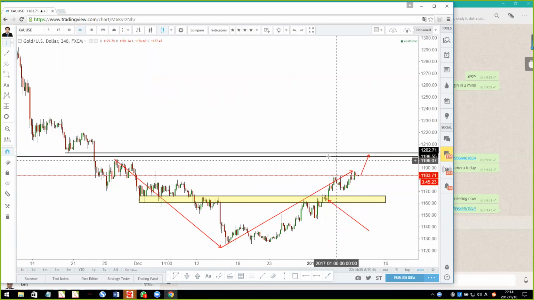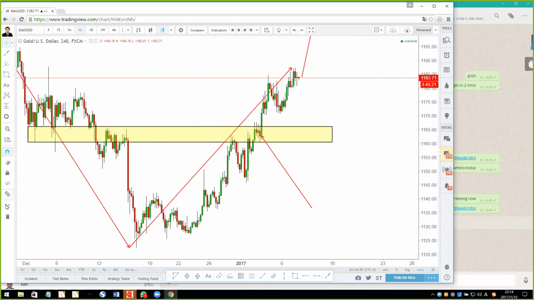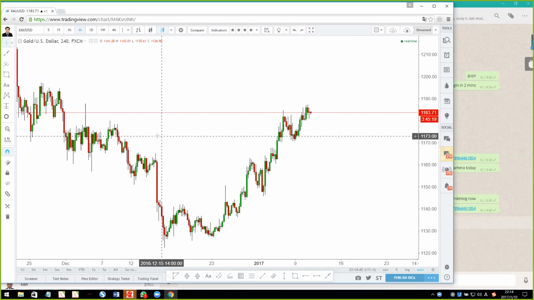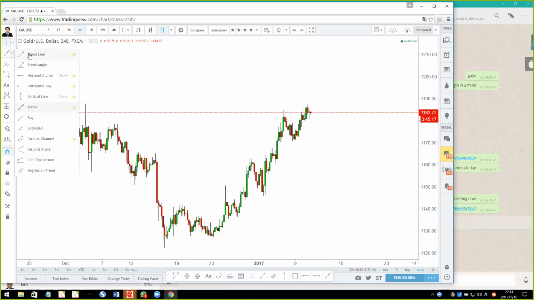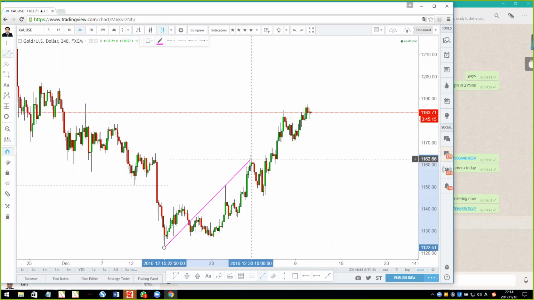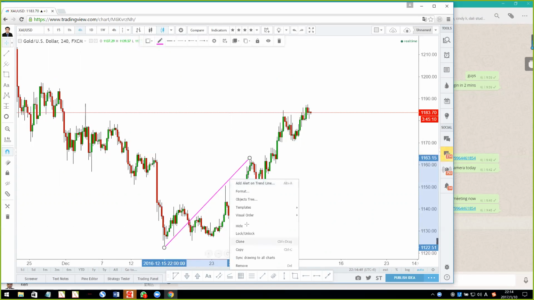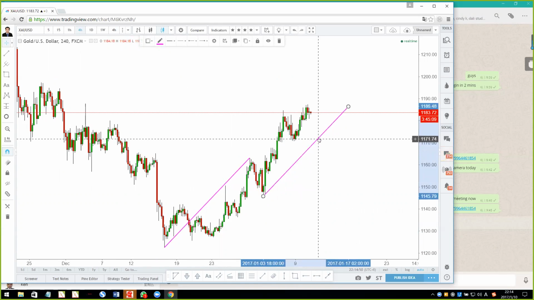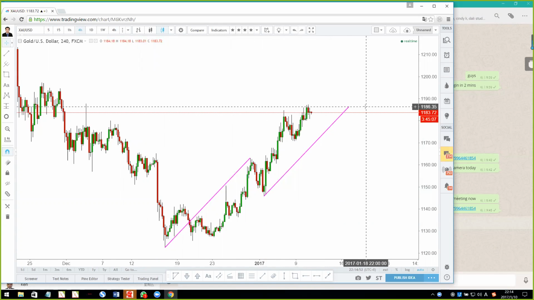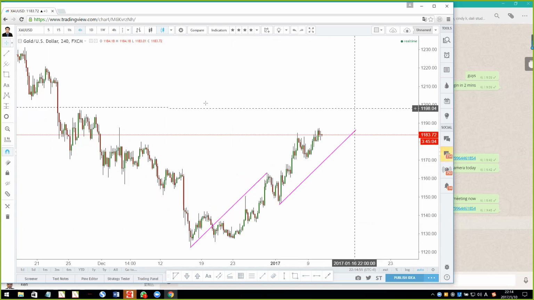Of course, in the 4-hour chart, I do see ABCD patterns. If I draw this A to B and clone it, it tells me it has already completed the ABCD pattern.